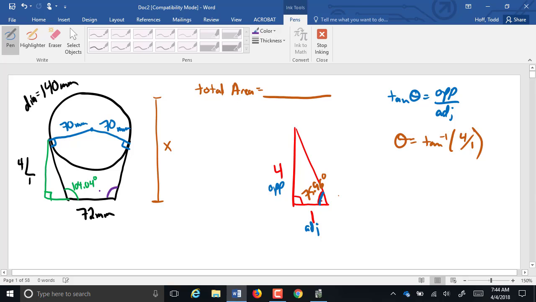That's 104.04. This is 104.04. That's 90 and 90. Can we find that angle? Yeah, how many sides does that have? 5 sides.